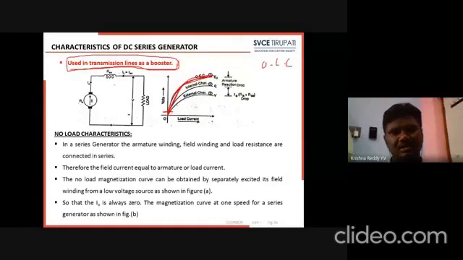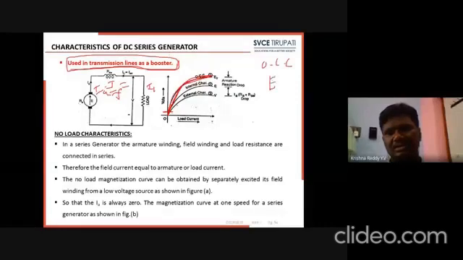Here the field current, armature current and load current are all connected in series. So all the windings are connected in series. That's why IA equals IF equals IL. If you draw the graph between VG versus IL, it is similar to VG versus IF.